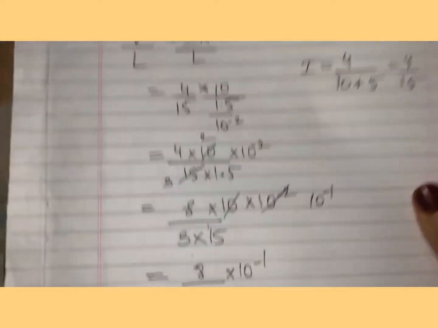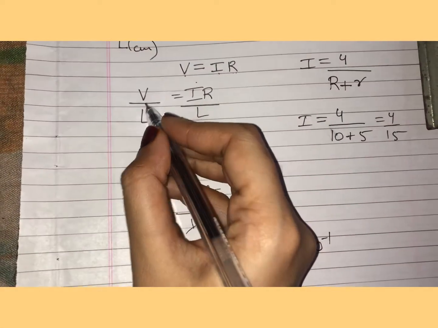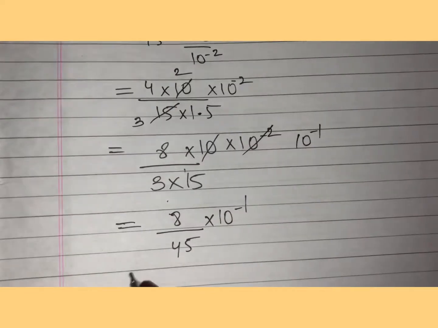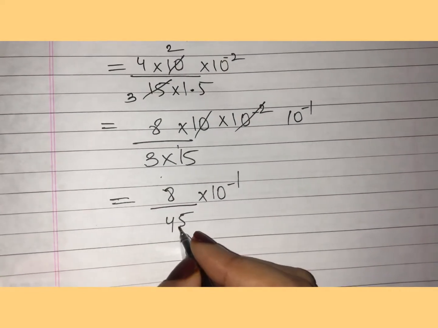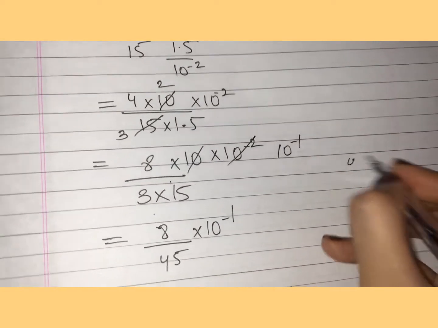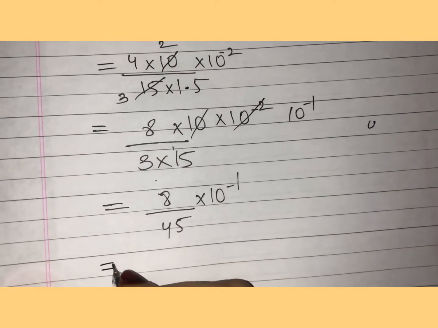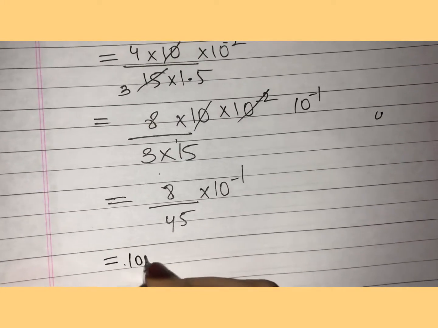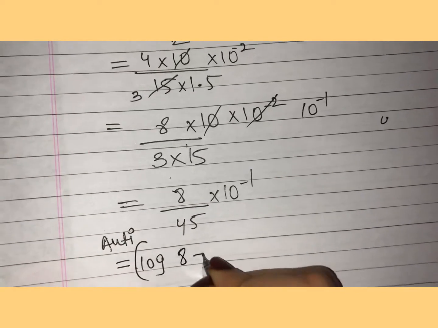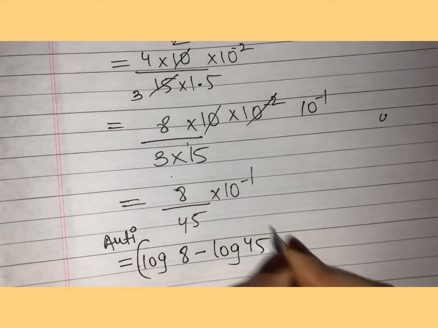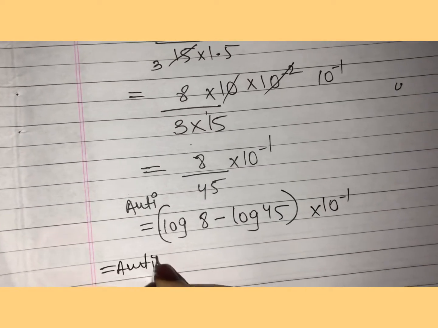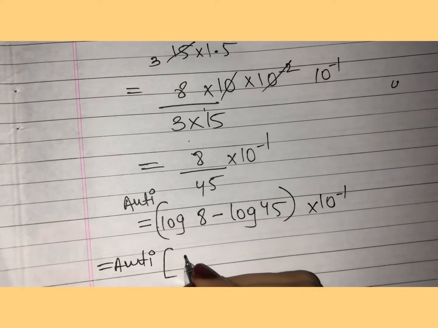Right? This will give you the potential drop per centimeter, per unit length in centimeter. Now you can go by the table of 45 or use logs, whichever is easy. I will suggest you go by log. Anti-log of log of 8 minus log of 45 into 10 raised to minus 1. Only one digit, so 1 minus 1 is 0.